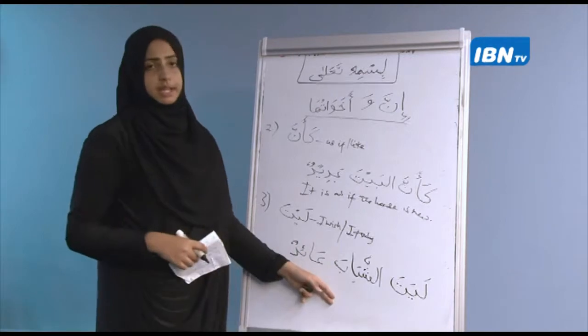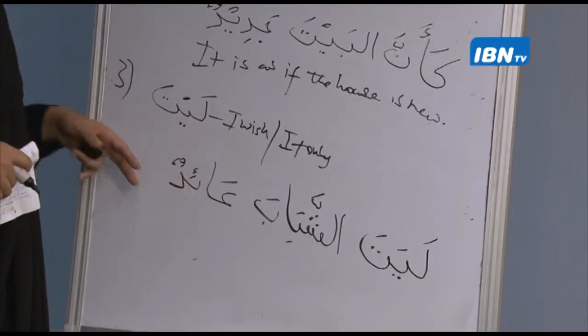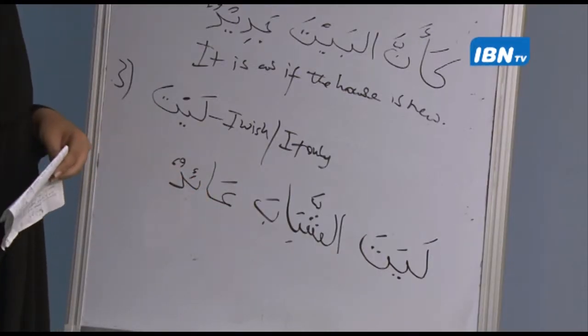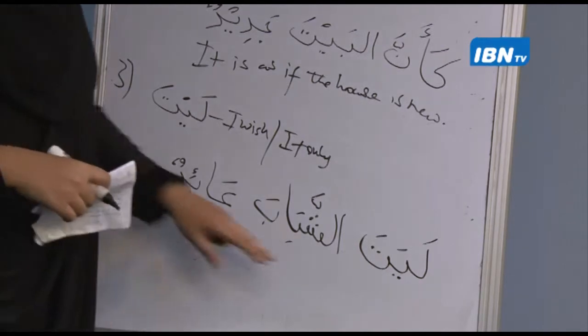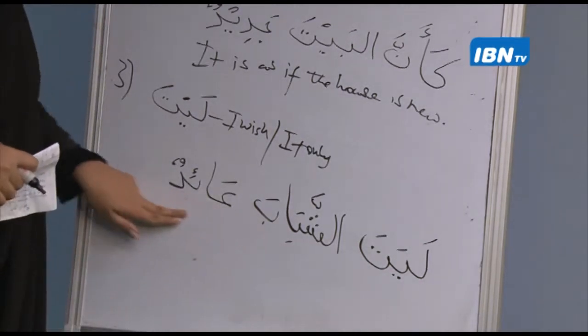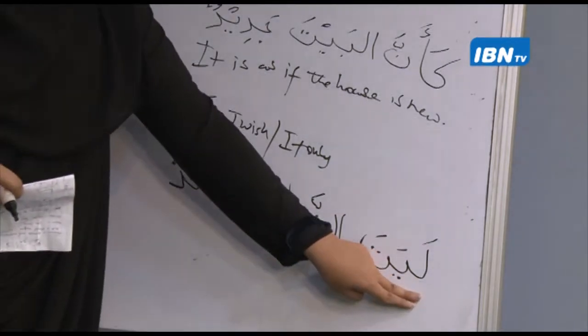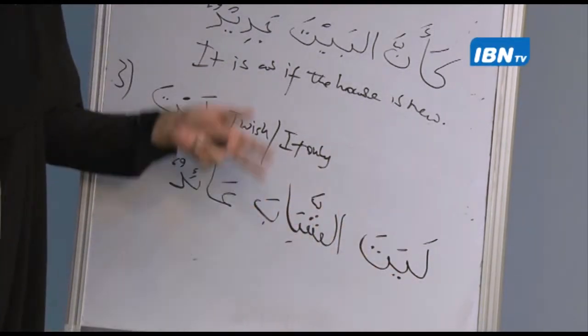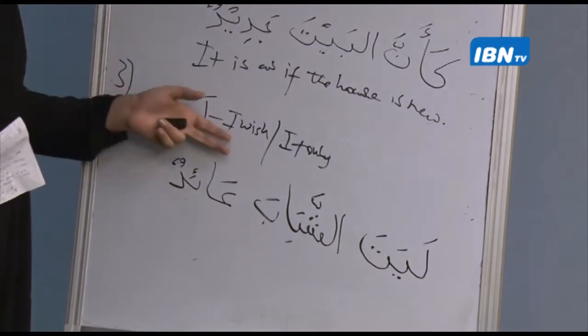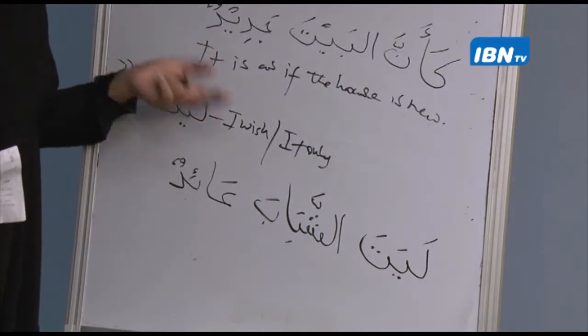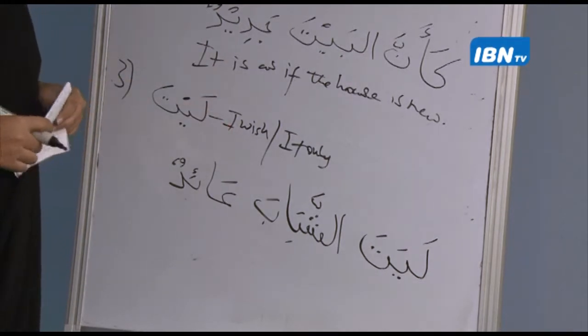Okay, so that's the meaning of the sentence. ليت الشباب عائد, I wish youth would return. Shabab means youth, عائد meaning to return, and ليت is the حرف المشبه بالفعل, meaning I wish, or if only youth would return.